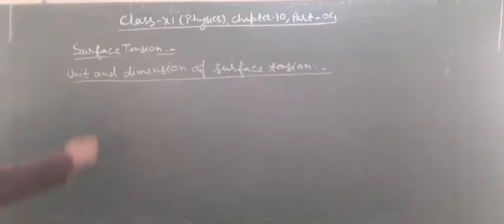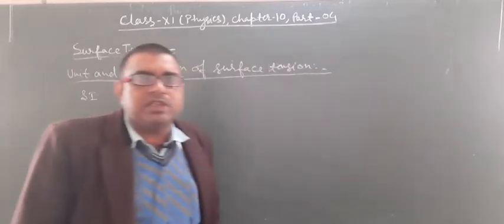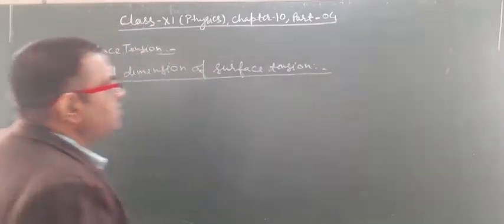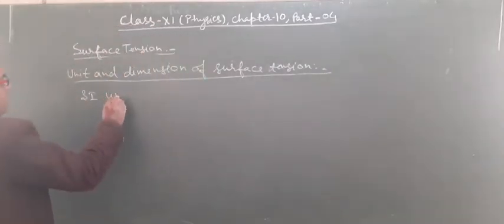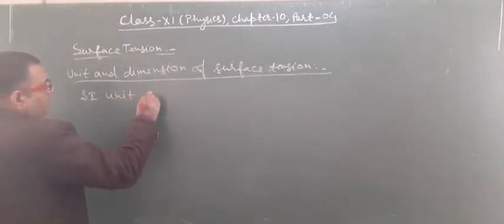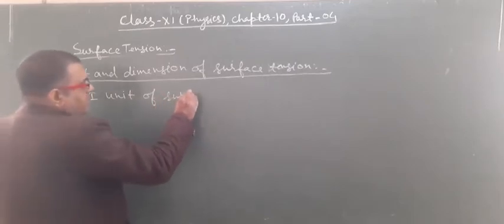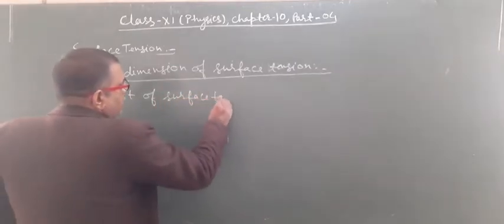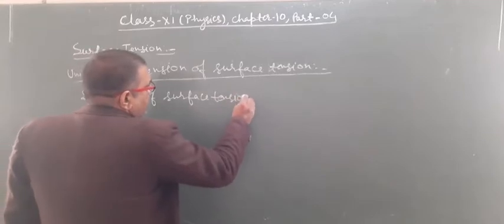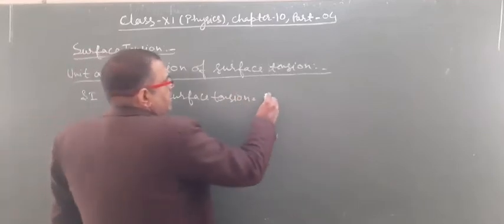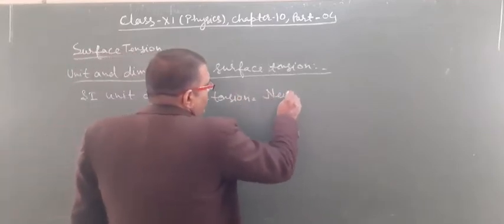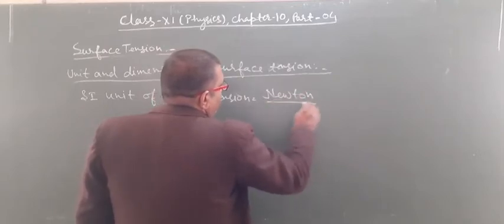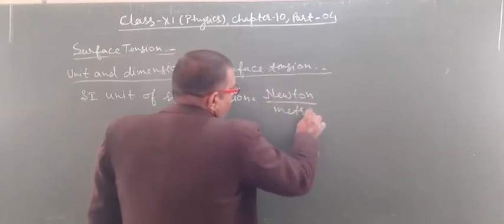As you know, the formula for surface tension is force per unit length. So the SI unit of surface tension can be given as Newton per meter.